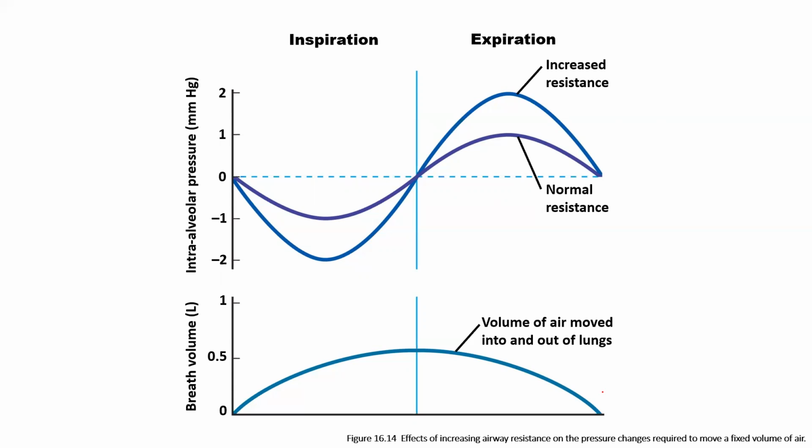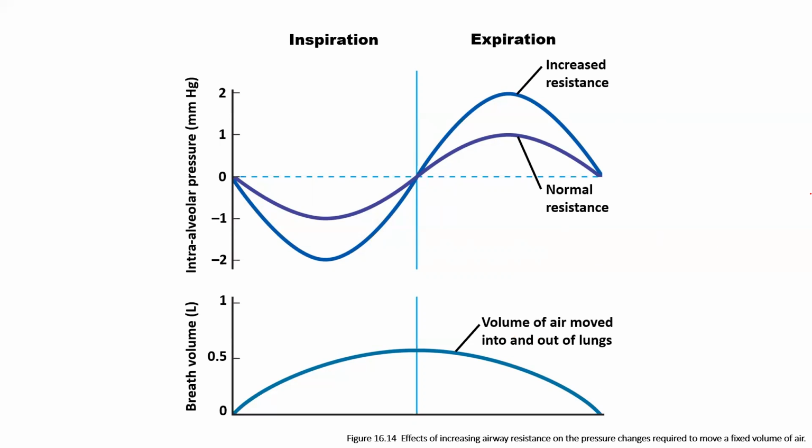And we know that what creates the change in pressures is the work or the effort that's exerted by the respiratory muscles. So my diaphragm is going to have to work really hard. My external intercostals are going to have to work even harder, right? Twice as hard to create twice as much of a gradient to move the exact same amount of air in. And that is not ideal.